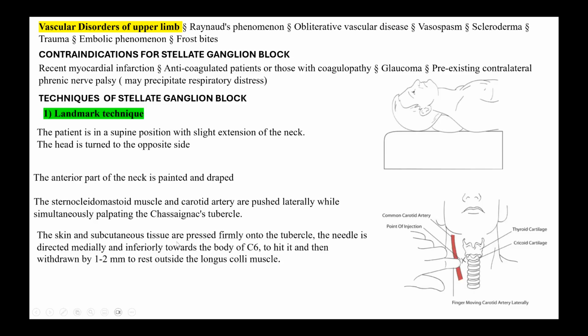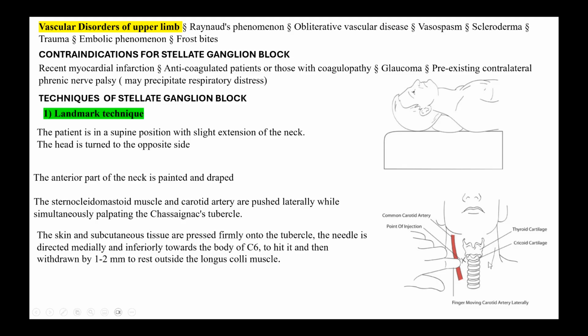Then skin and subcutaneous tissue are pressed firmly onto this tubercle, and the needle is directed medially and inferiorly towards the body of the 6th vertebra to hit it, and then withdrawn 1 to 2 millimeters to rest outside the longus colli muscle.